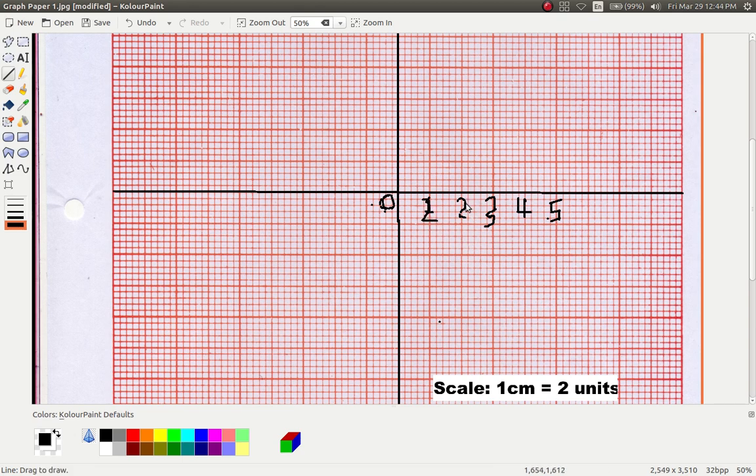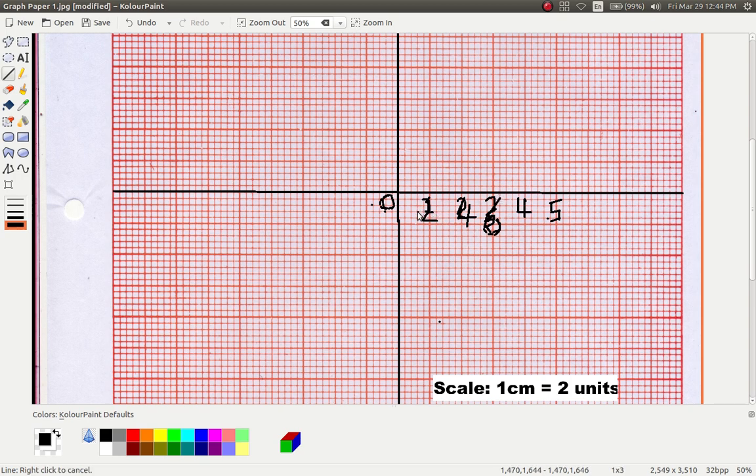This would be a 4 instead of a 2. This would be a 6 instead of a 3. That's what would happen. 1 centimeter, 2 units. 1 centimeter, you write a 2. 1 more centimeter is 2 more to make 4. 1 more centimeter is 2 more to make 6.